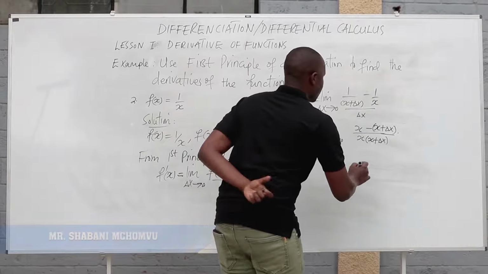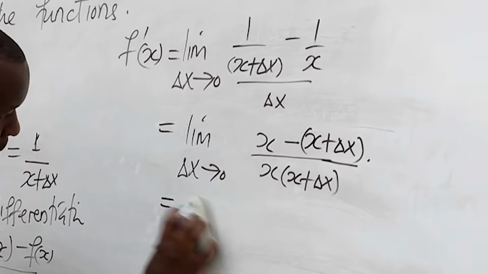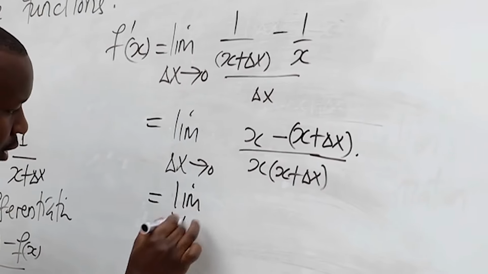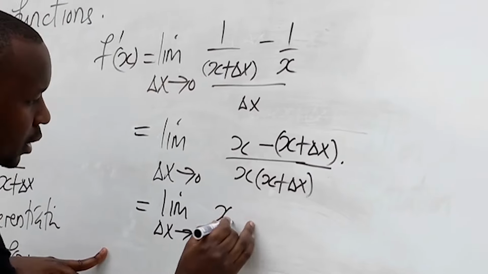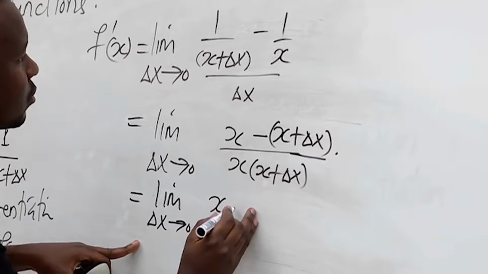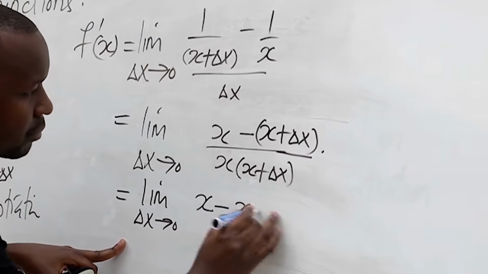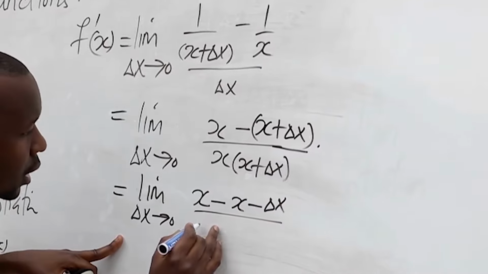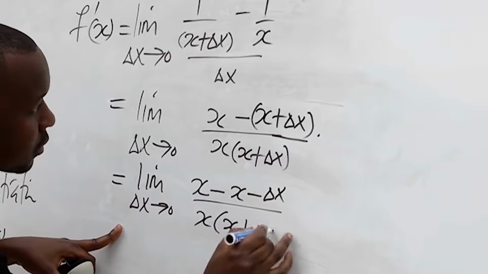So once operating, we'll have the limit as change in x approaches 0. So this becomes x minus x minus change in x over x, then x plus change in x.